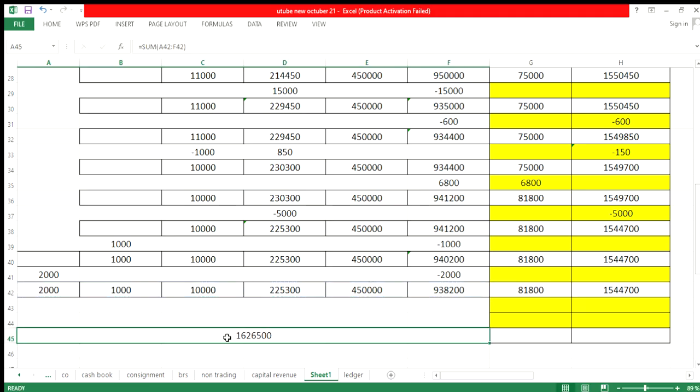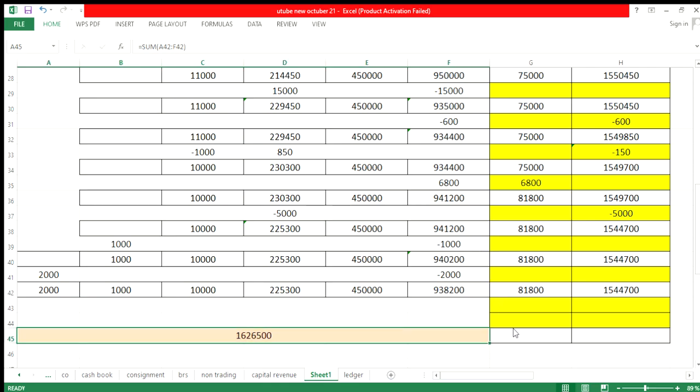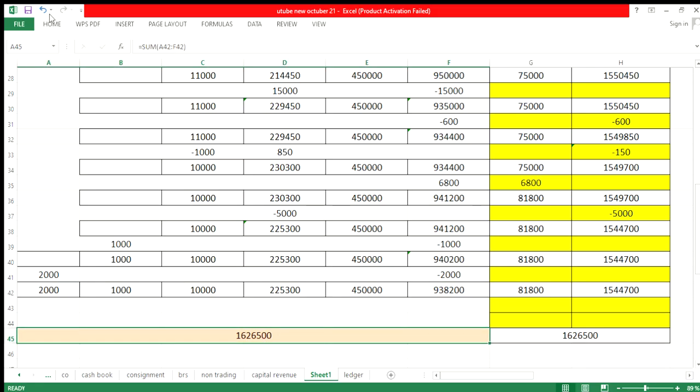We have got 1626500, and let's change its theme color. Okay, in the similar way, now we will be getting total of liability side as well, and we have two amounts. So 1626500, 1626500, both sides are equal.